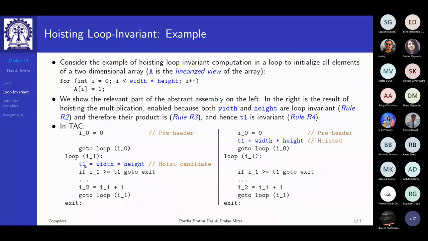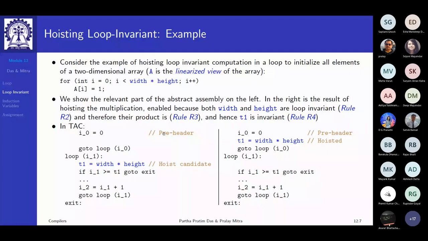So by the loop invariant rule 2 that we have seen, that is out of loop definition, we know that width is a loop invariant, so is height. Now, if we apply composition, rule 3, then width being loop invariant, height being loop invariant, their product is also loop invariant, rule 3.